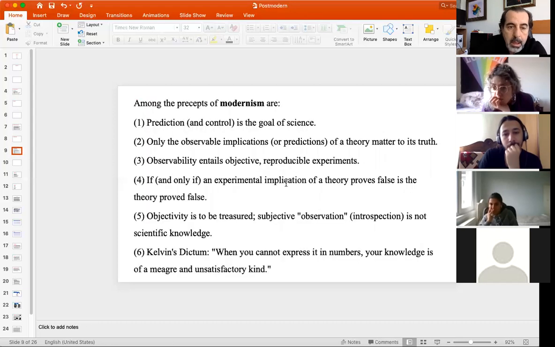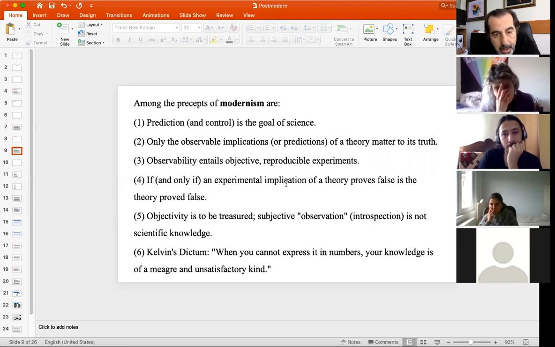So she says basically, economics should be seen as a kind of rhetoric, and this is a good thing, actually, as we will see. And according to McCloskey, among the precepts of modernism are: one, prediction and control is the goal of science. This is a positivistic idea, right? Two, only the observable implications or predictions of a theory matter to its truth, again, positivism.